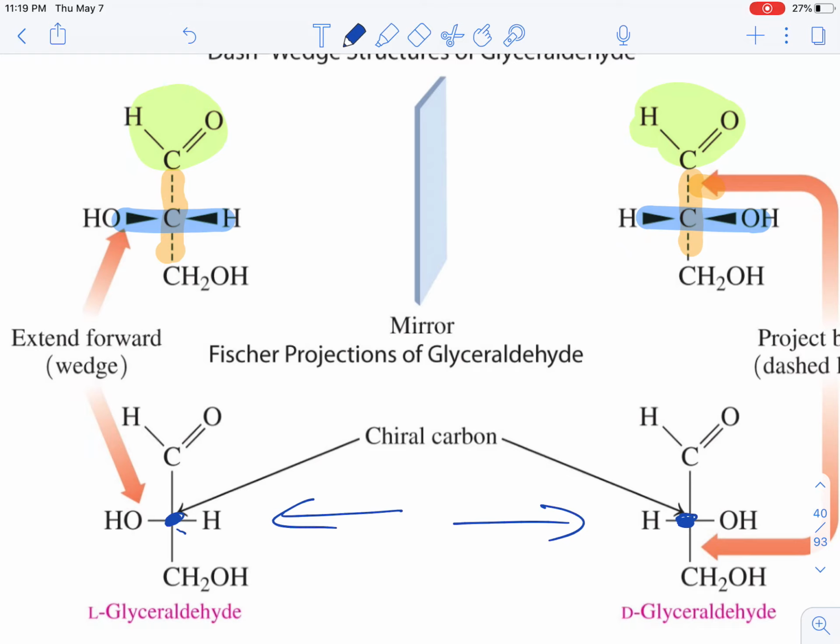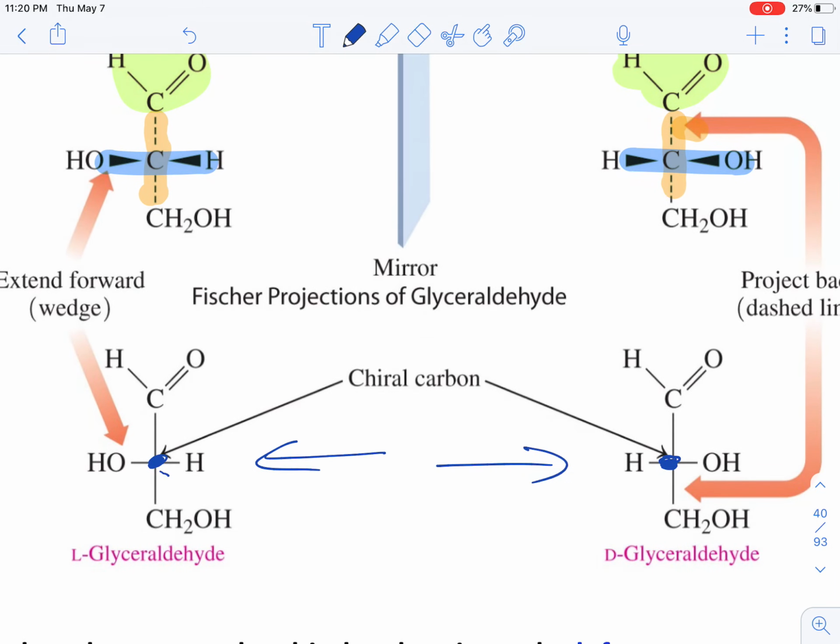And so it's very quick, it's very efficient. Anybody can draw vertical and horizontal lines very quickly. You don't have to write every single letter down to represent the carbon, the oxygen and the hydrogen. So it saves time.